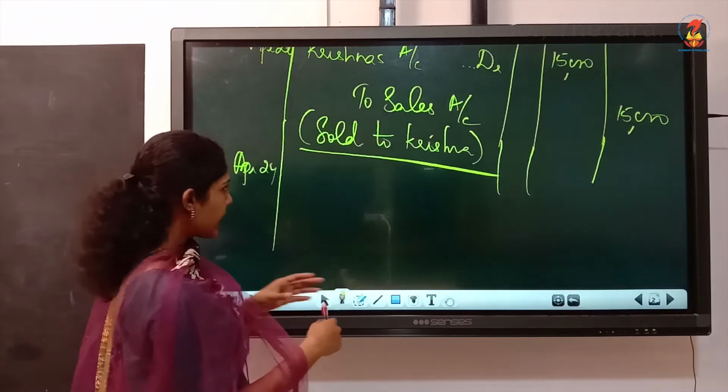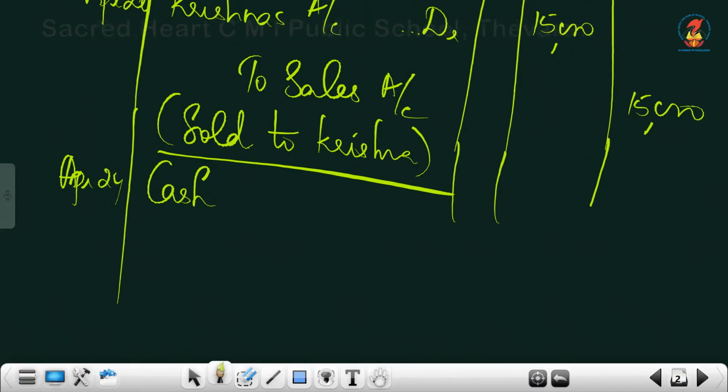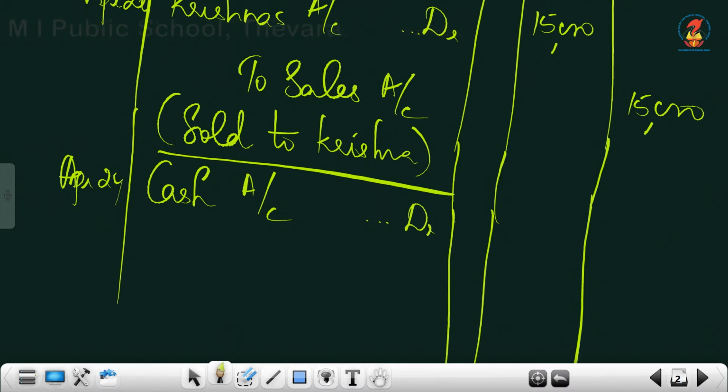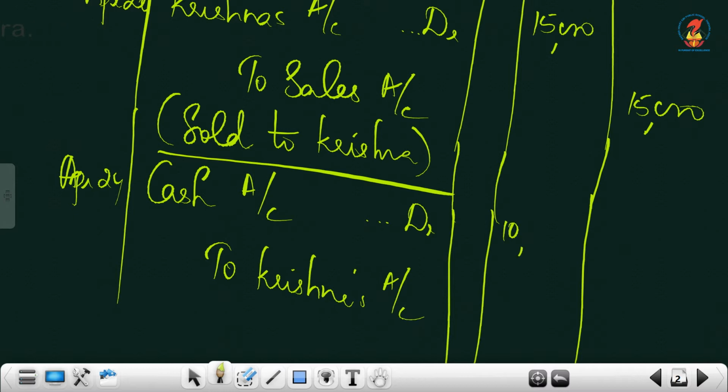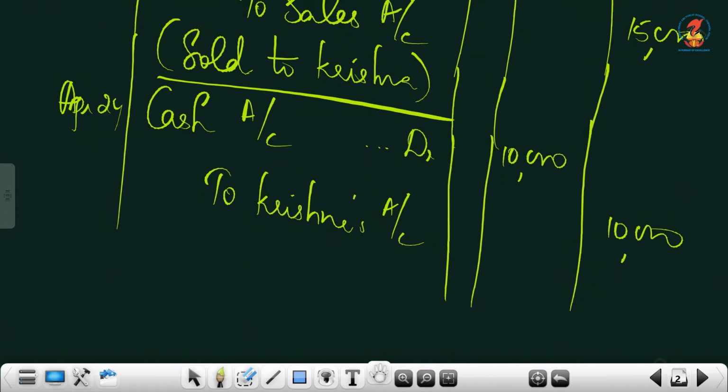So, what is the journal entry when you receive from Krishna? It is the cash account you can debit. Since it's not mentioned that the amount is going into the bank, you can simply write cash account. So, cash account debited to Krishna's account, the amount is 10,000. Received from Krishna.